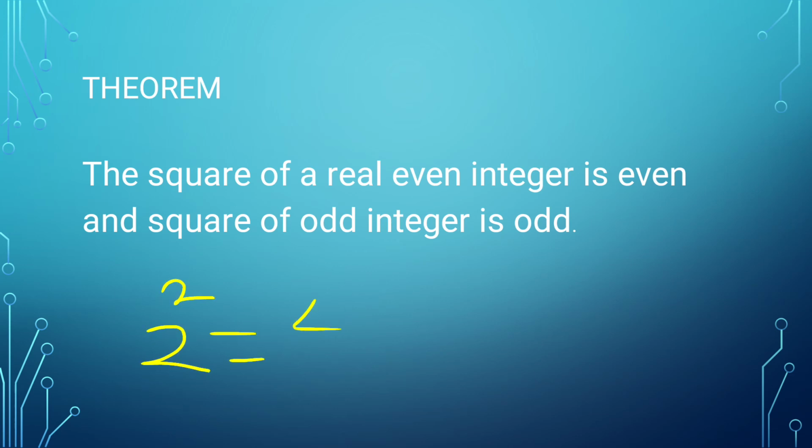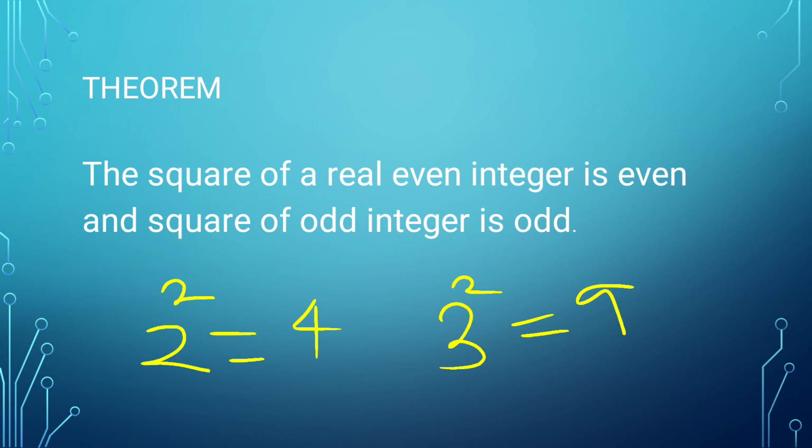You get 4. 4 is even. Let's take 3. 3 is odd. Square. What do you get? 9. 9 is odd. That's basically what the theorem is saying.